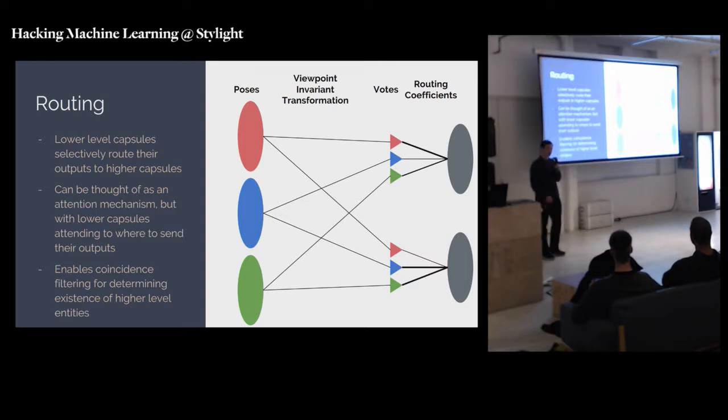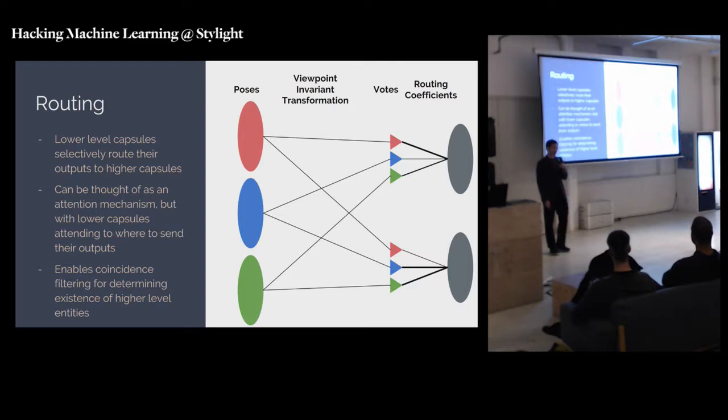When the lower level capsule tries to decide where it sends its information in the next layer, it will iteratively learn to send it to a higher level capsule that it expects will have a high activation if it sends this information.